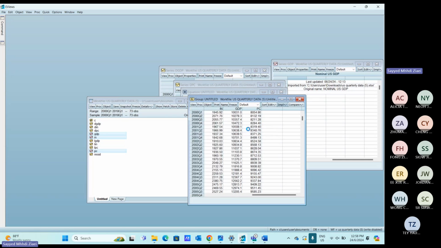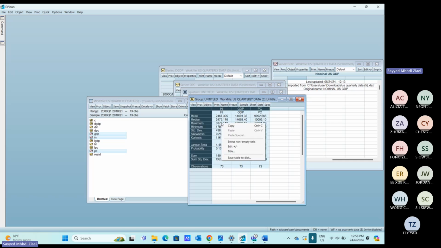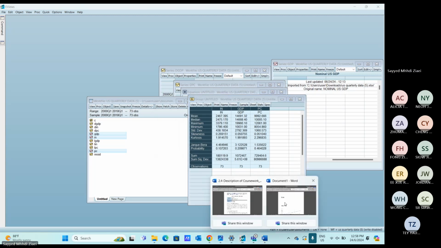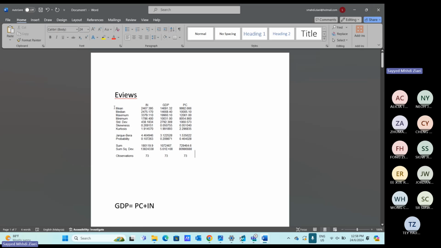So common sample, yes, this one is the descriptive statistics, which shows mean value, maximum, minimum, standard deviation, skewness, kurtosis, Jarque-Bera, probability, sum, whatever. So copy again, copy, and paste it. So the first important table is this one, descriptive statistics.